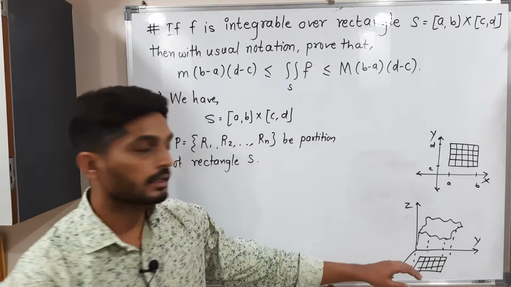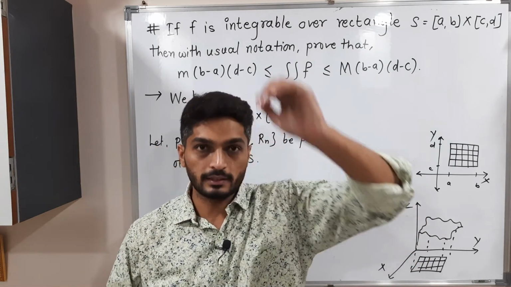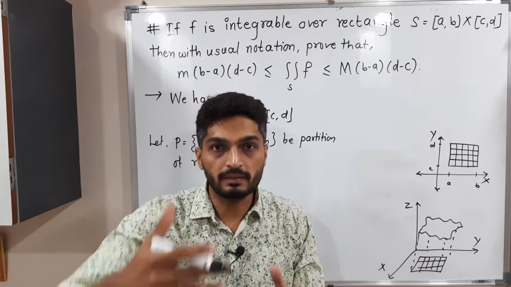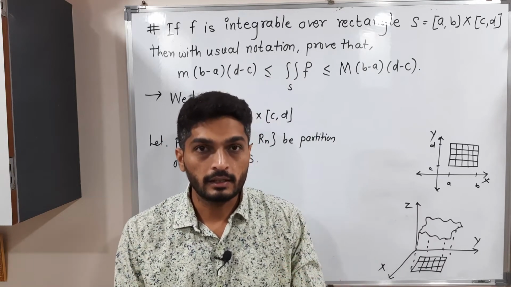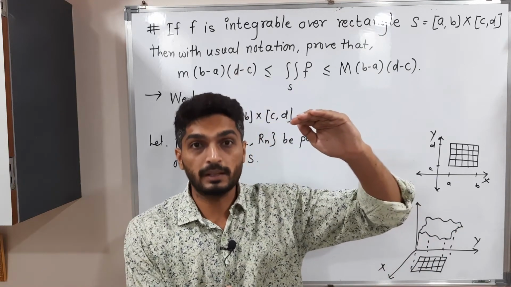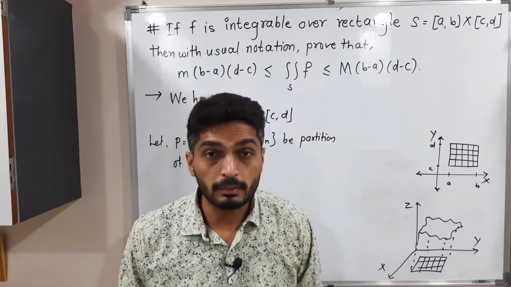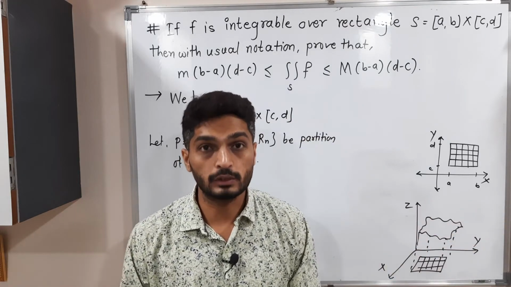Obviously the volume bounded by the surface and the rectangle is also subdivided into some pillars. The volume bounded by the surface and the xy plane, or that rectangle, is nothing but the volume of all those pillars. So this is the actual concept.